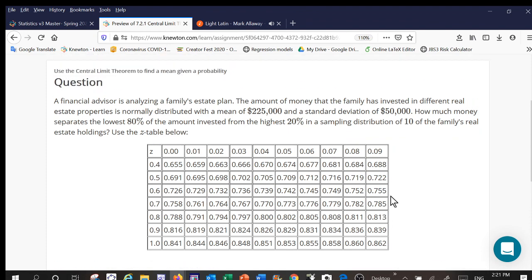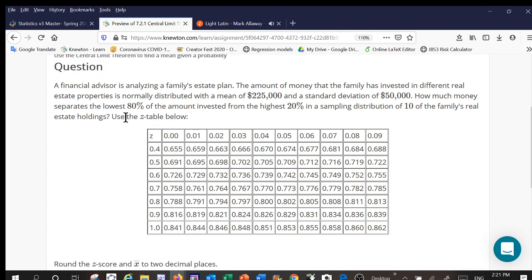It says, how much money separates the lowest 80% of the amount invested from the highest 20% in a sampling distribution of 10 of the family's real estate holdings. Use the Z table. Okay, so financial advisors analyzing a family's estate plan: the amount of money that the family has invested in different real estate properties is normally distributed with a mean of 225 and a standard deviation of 50,000.